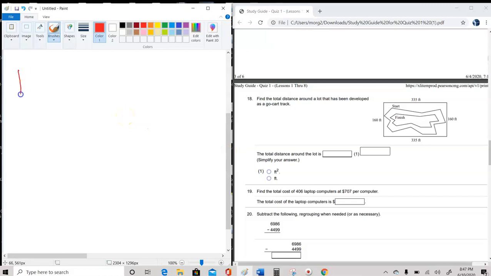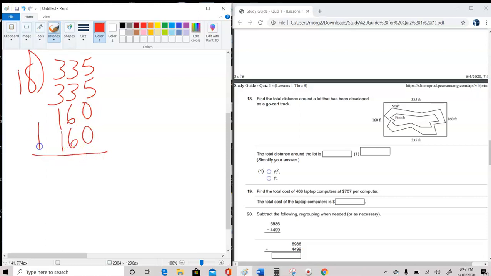Question 18, find the total distance around a lot that has been developed as a go-kart track. Total is the same thing as perimeter. And for most shapes, just take your sides and add them all the way across. So we have 335 twice and 160 twice, and just add carefully.